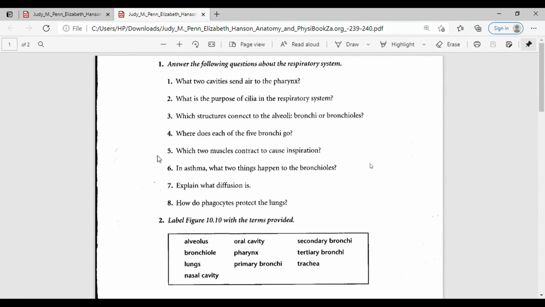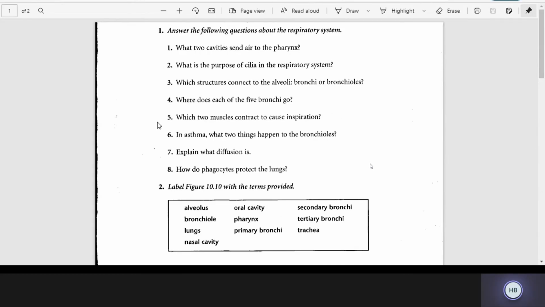For question number 8, we have: how do phagocytes protect the lungs? Đoàn Hữu Lê, are you there?